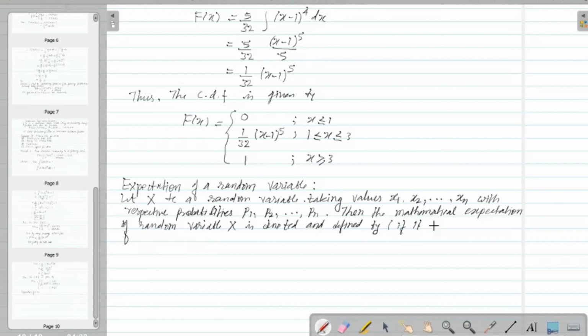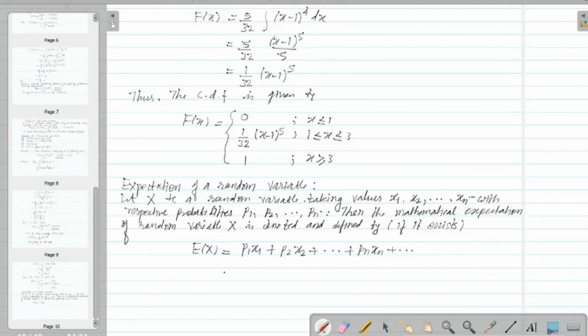It will exist only then can you do this. This is the mathematical expectation, the notation for expectation is E of x, and this is equal to p1 x1 plus p2 x2 plus up to pn xn and so on. It can go up to infinity. Write 'and so on' here as well: and plus so on.